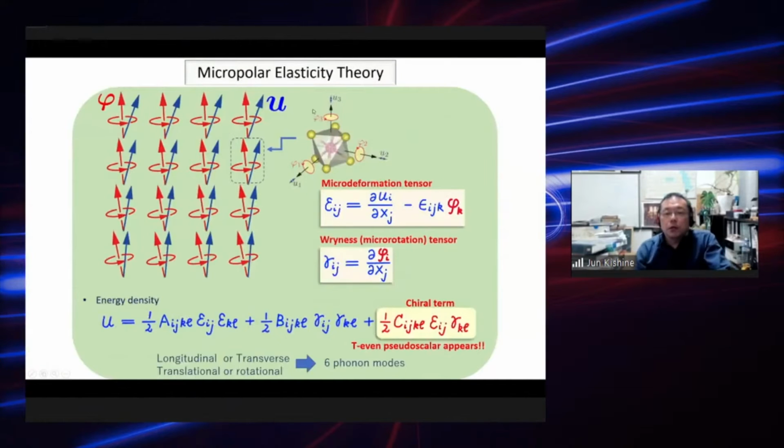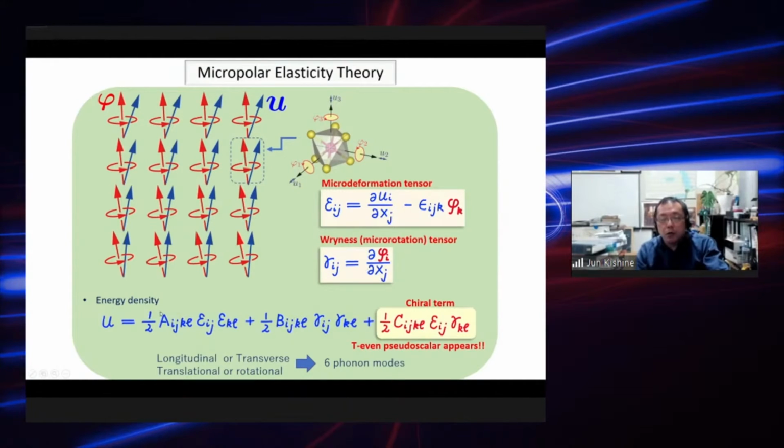So in summary, we can attach both the polar field and the axial rotational field on each point in a space like this. Then we have two independent generalized strain fields. First, the micro deformation tensor like this, and second, the so-called wryness or micro rotation tensor like this.